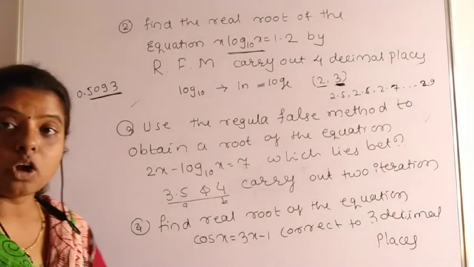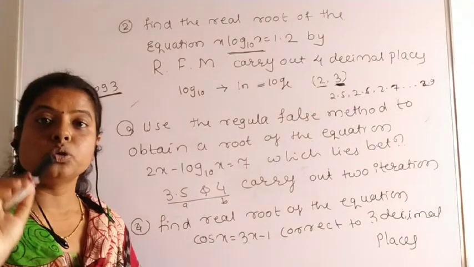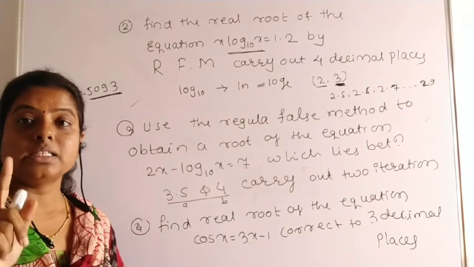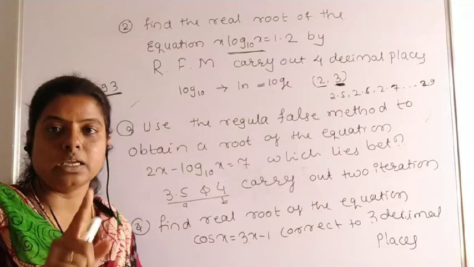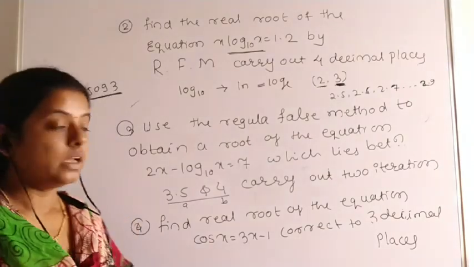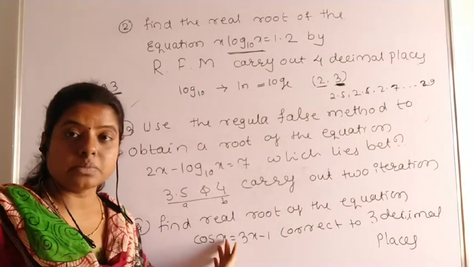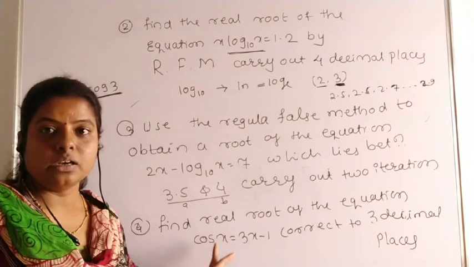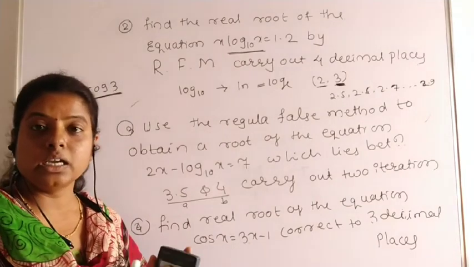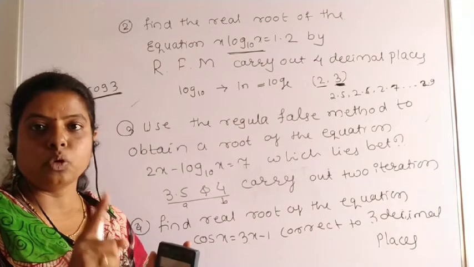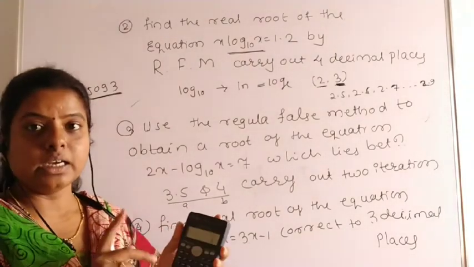Now, when trigonometric terms come, you should take the calci in radian mode compulsorily instead of degree mode. Remember in your mind, when trigonometric terms come in your equation, you should change your calci from degree mode to radian mode. See how to set the mode.